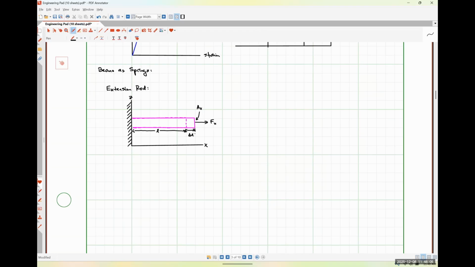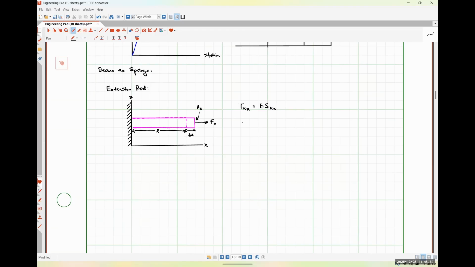And we could find that our stress is simply Young's modulus times our strain. Right? Nothing going on too crazy here.